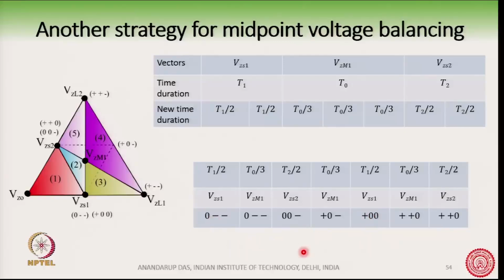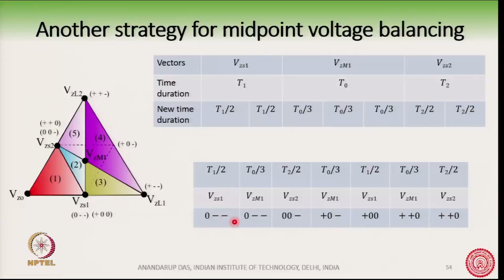Okay. So, these two are here. Similarly, VZM1 was 1/3 of 0 minus minus, plus 0 minus and plus plus 0. So, this is 1/3, 1/3, 1/3 here. Okay. And VZS2 was half of 0 0 minus and plus plus 0, these two half of. So, this is how this is done. Okay.